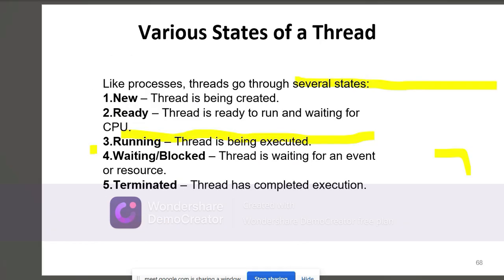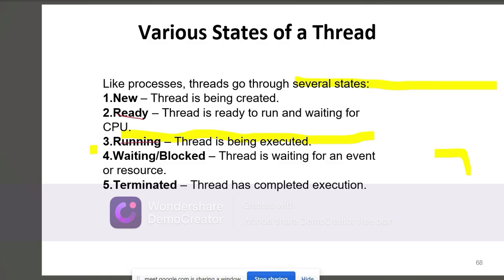So what are the various states of a thread? The first state is the new state. When a thread is about to be created, it is in the new state. Second is the ready state. When the thread is ready for execution, it is in the ready state.